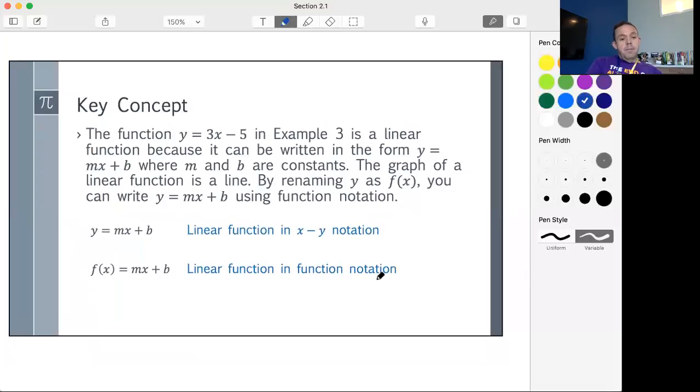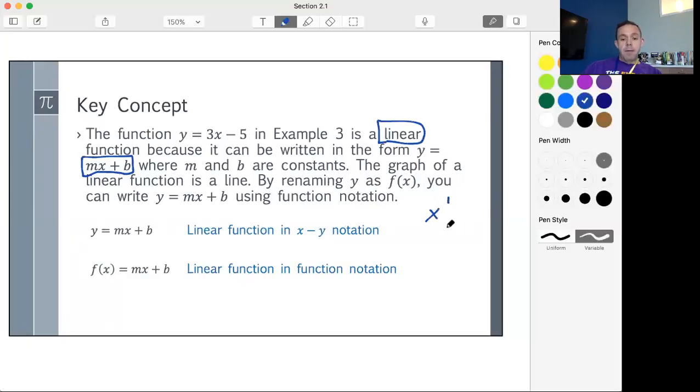So key concept, the function in example 3, y equals 3x minus 5, is a linear function because it can be written in the form of mx plus b. M represents the slope, and b represents the y-intercept. Okay. Another reason it's called a linear function is because the variable x only has a power of 1.